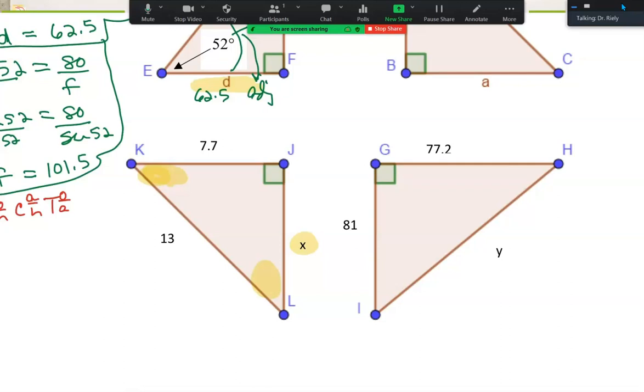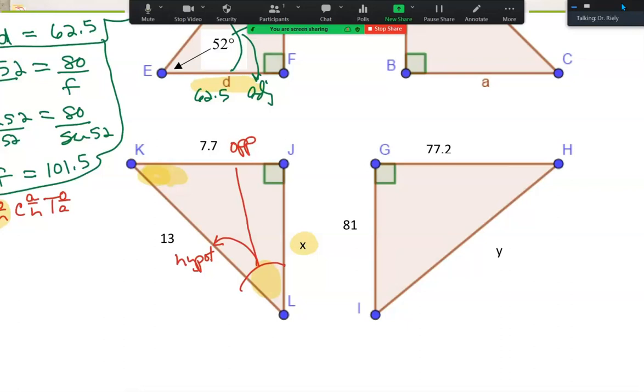Okay, so let's see what we have. So from L's perspective, I have the opposite and I have the hypotenuse. So since I have both of those, I can use that to solve for the angle I don't have. So we're going to use our sine right here, and we're going to set it up.